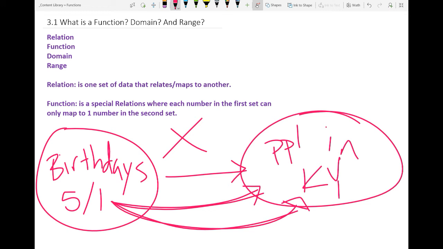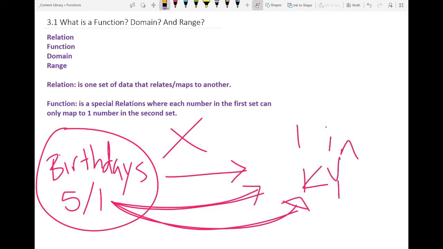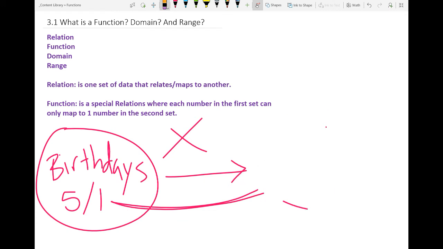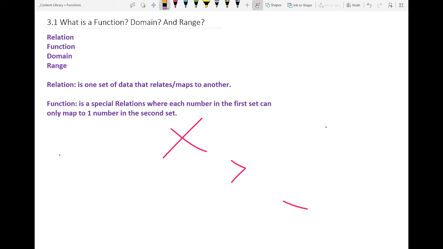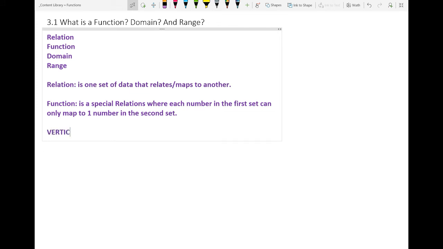Okay, let's talk about what this would look like in a set of graphs. You'll see this possibly on standardized tests and stuff. It's called the vertical line test.